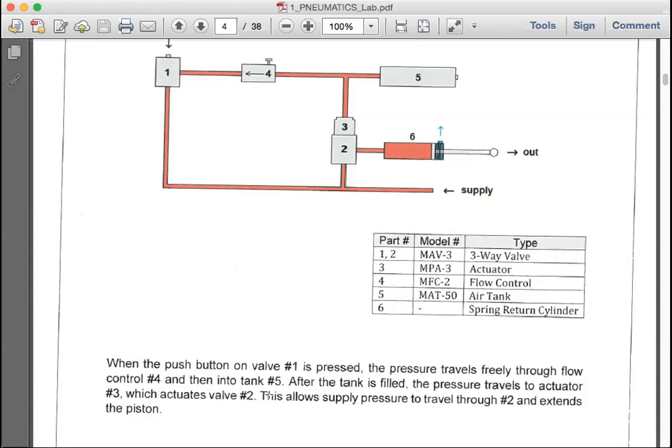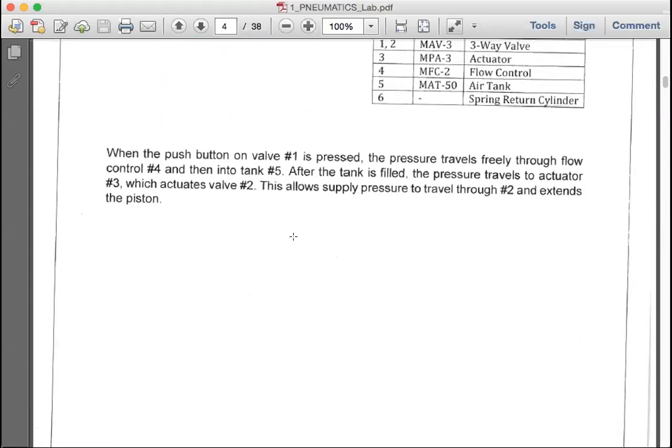In this case, you don't have to indicate that that's a 3-way valve. This allows supply pressure to travel through number 2 and extends the piston. So quick extension, an indication that there is a free flow through the flow control. So it's a quick extension of the piston.